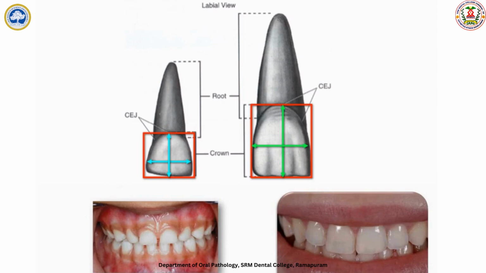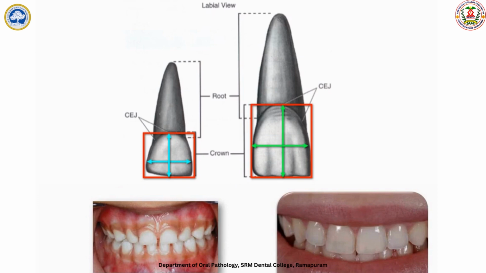Overall, the size is going to be smaller, except for which tooth? Deciduous molars. There alone, the premolars are going to be smaller in size as compared to your deciduous molars.